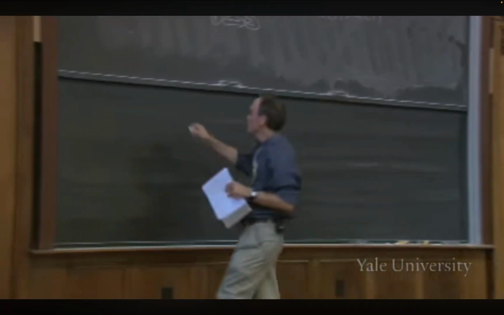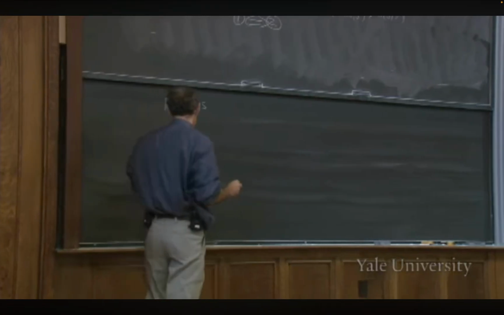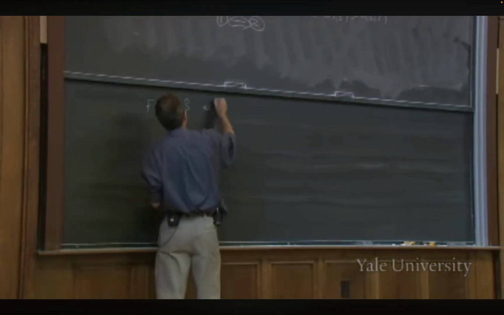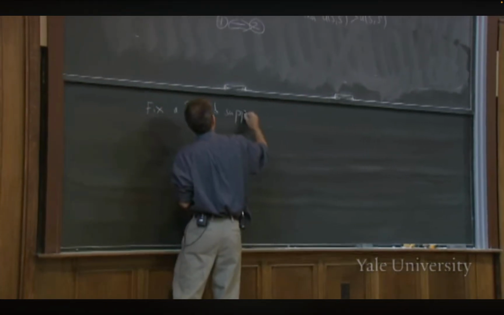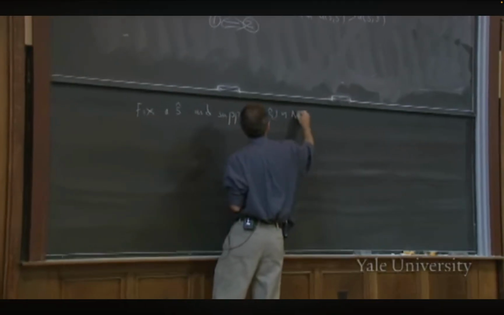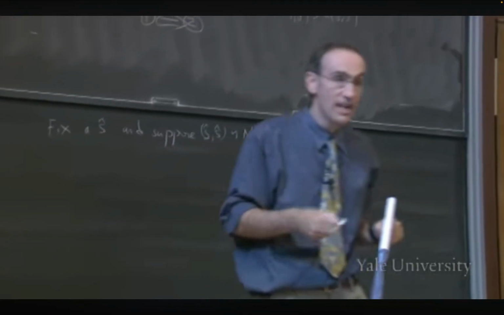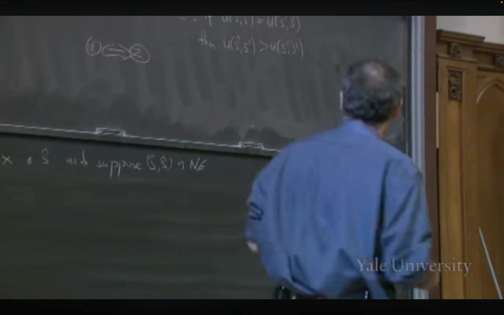All right, so what we're going to do is, let's fix a strategy S hat, and suppose S hat is in fact Nash. What I want to convince you of is that S hat is going to be evolutionarily stable.